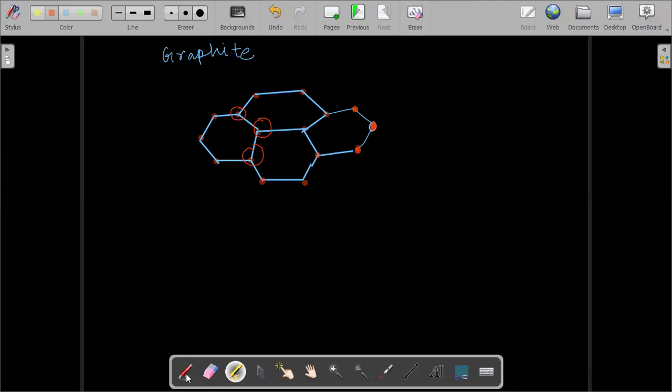So can I say that one electron is still available or free? Yes, sir. Since each carbon has 4 electrons, out of which 3 have been involved in the bond formation. So one electron is still there. So can I say that graphite will be a good conductor, or graphite can conduct electricity? Yes, sir.